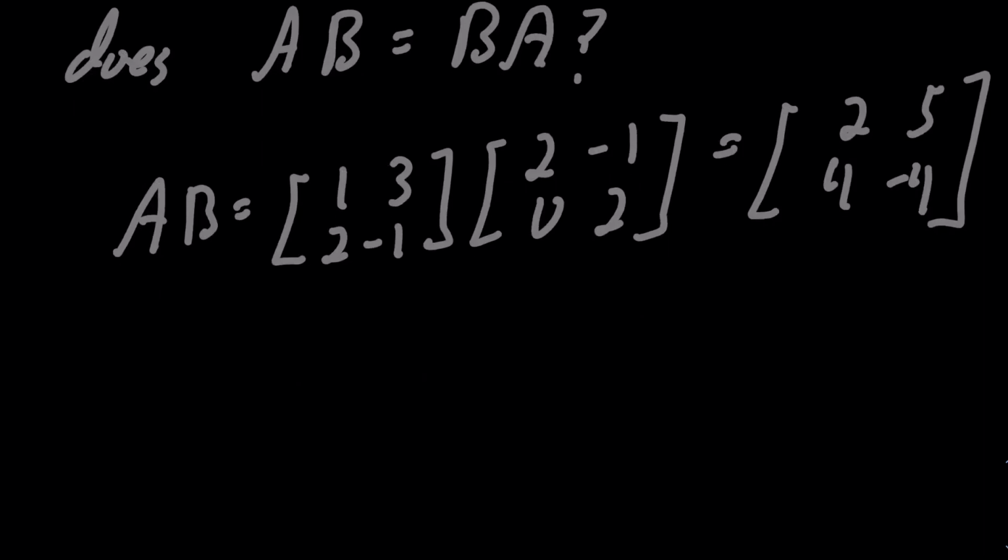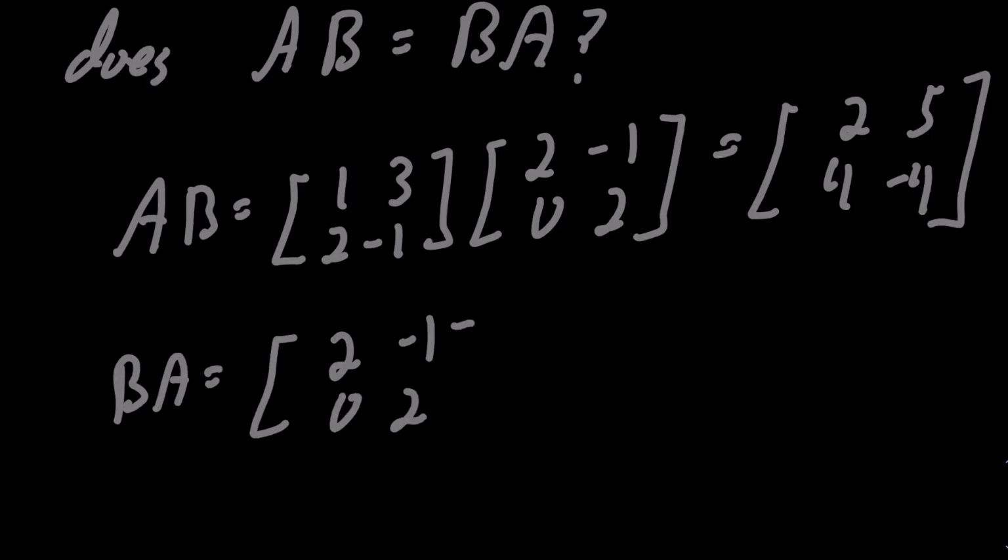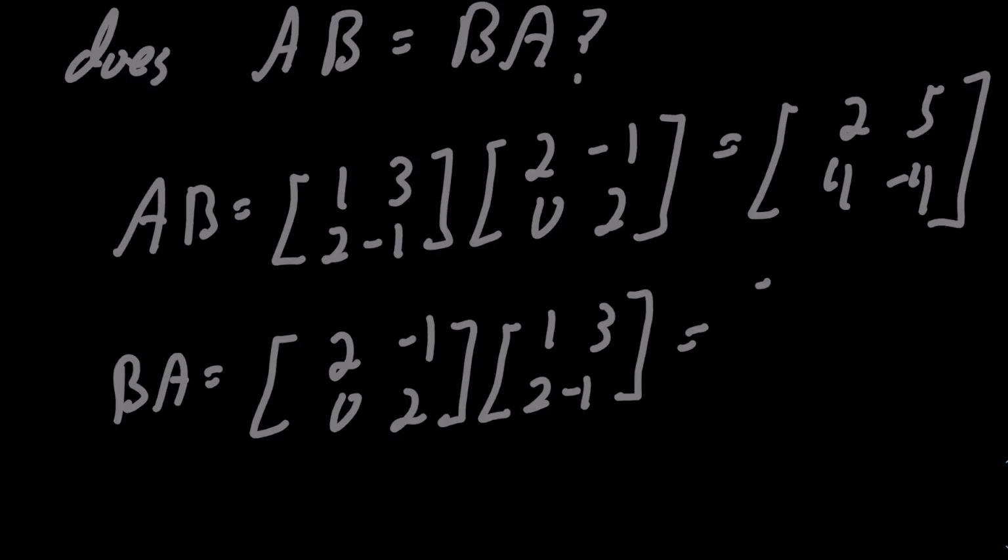Now let's do B times A, where we get 2, negative 1, 0, 2, times 1, 3, 2, negative 1. And you're going to notice something a little funky. 0, 7, 4, negative 2 is our matrix product.